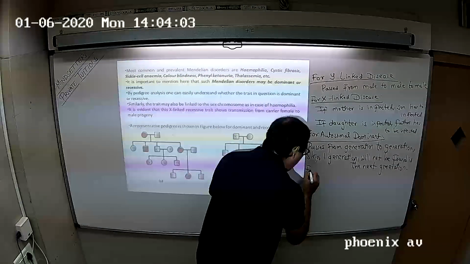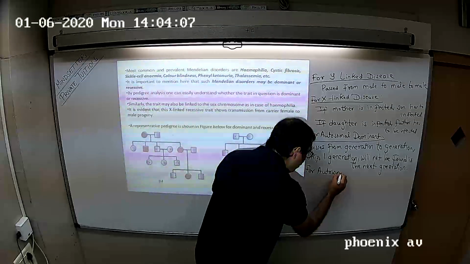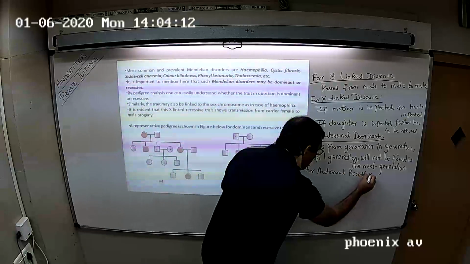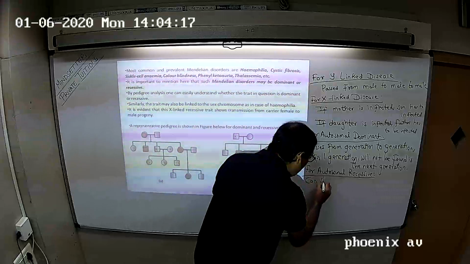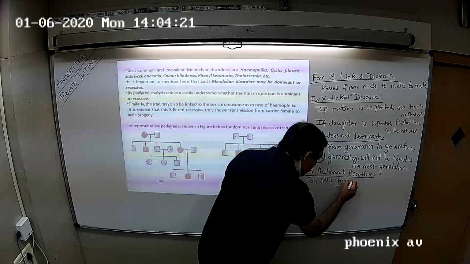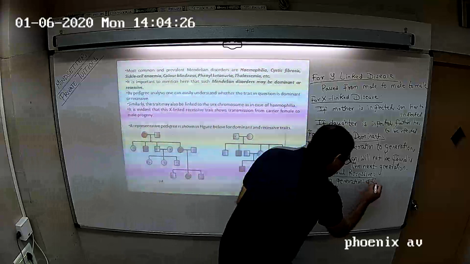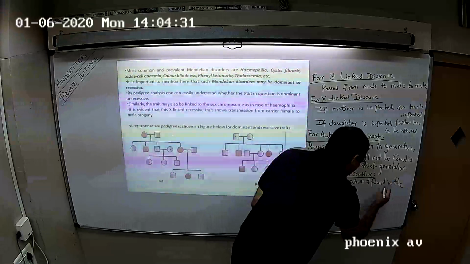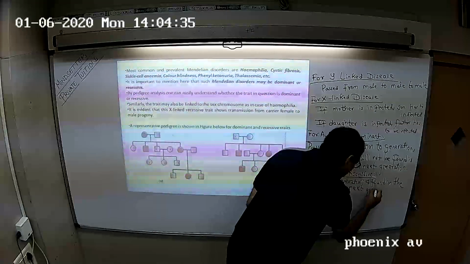And for autosomal recessive disorder, it can skip generations and be found in the next generation.